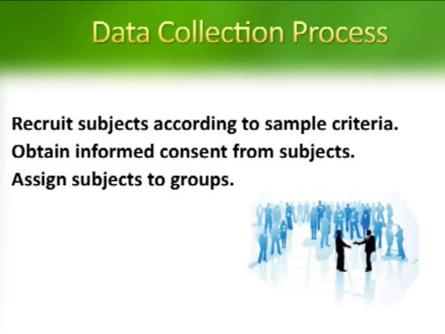Now we're going to look at the data collection process. The first is you have to go out and recruit your subjects according to the sample criteria. But there are some problems in recruiting subjects for research because there's an increasing number of nurses doing research.